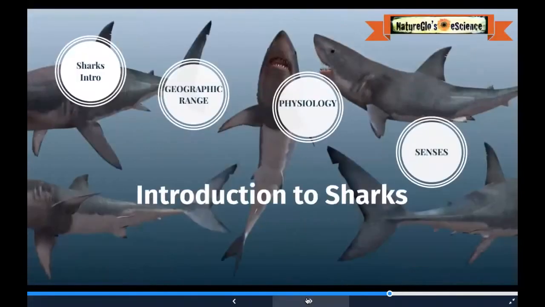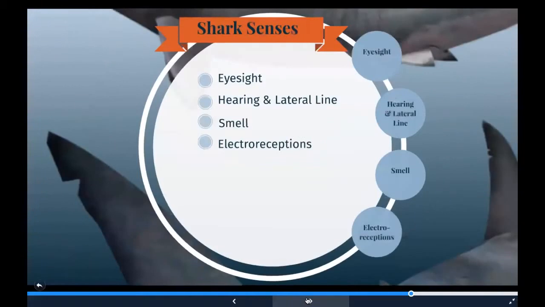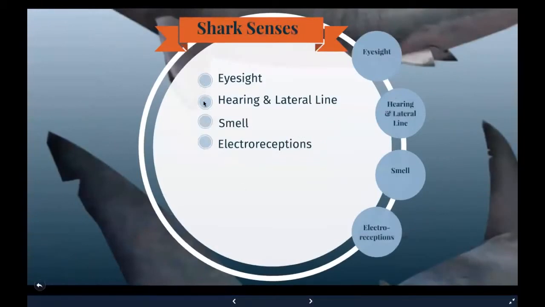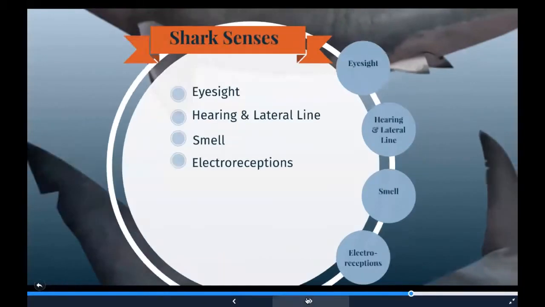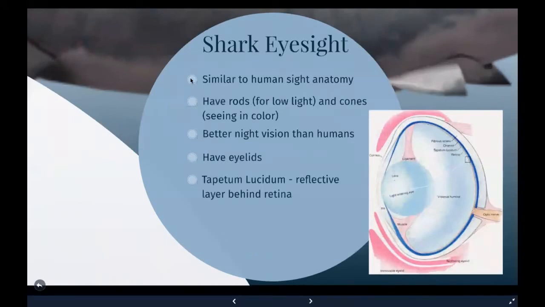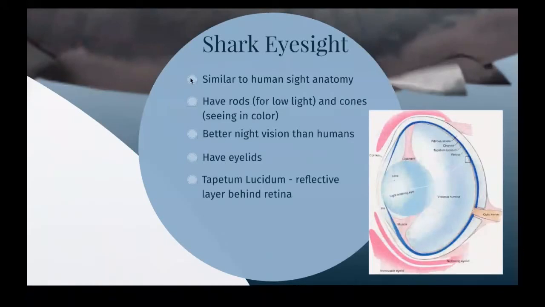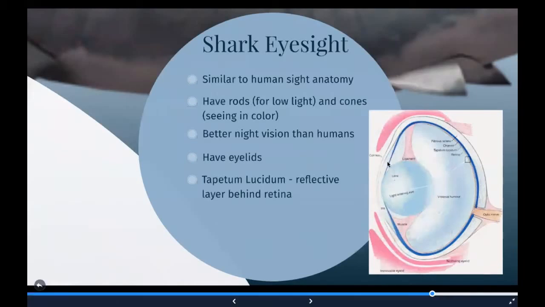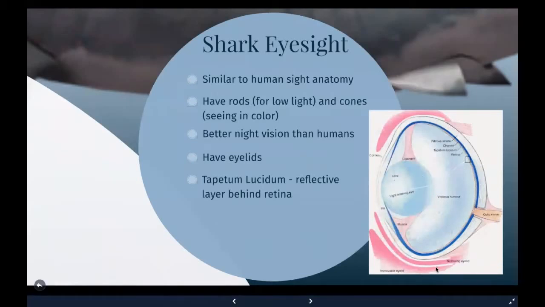Okay, so next we have shark senses. We'll talk about their eyesight, hearing and lateral line, smell, and electroreception. So eyesight. Now, interestingly enough, their eyes are similar to human sight anatomy. And here you can see a basic shark eyeball anatomy. They have rods for low light and cones for allowing them to see in color.